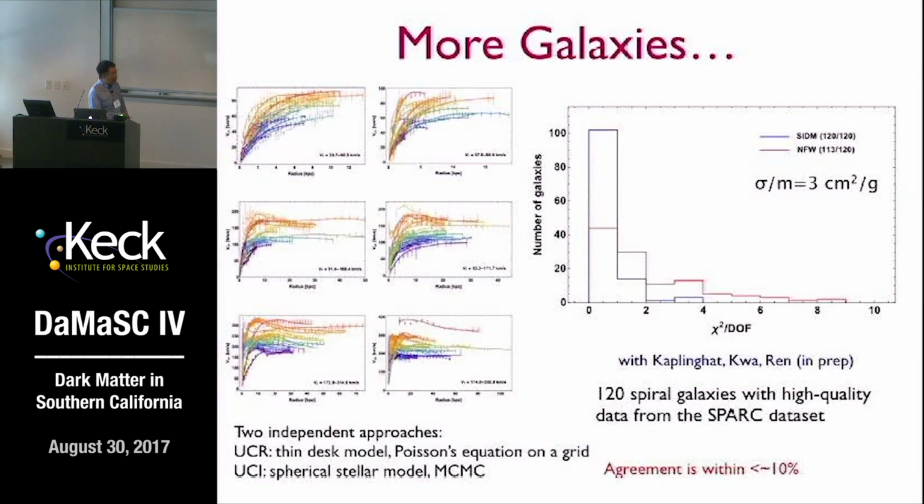I wanted to go into details, but it's all the detailed fits, which you are probably not interested in. Just look at the chi-square distribution. This is SIDM: you can pretty much fit every galaxy. This is NFW: you can fit half of them. The agreement between these 2 approaches is pretty good, within about 10%.